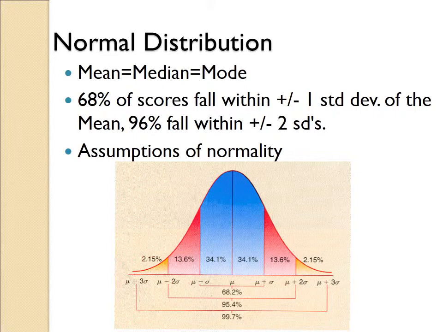96% of the people in the world fall between plus or minus 2 standard deviations, so between 70 and 130. So if your IQ is below 70, you're in a pretty small group, and if your IQ is above 130, you're in a pretty small group. So once we know that we have normality and those assumptions of normality, then we can talk a lot about what's going on in a distribution without ever actually seeing the individual scores.